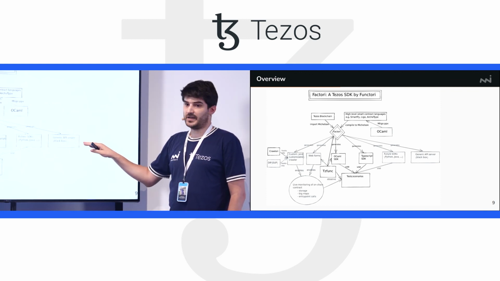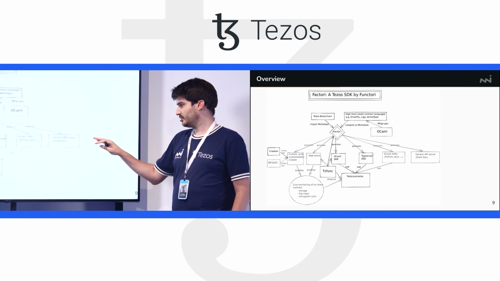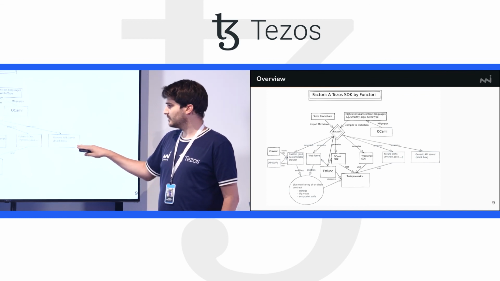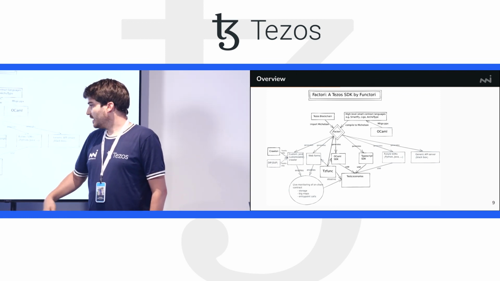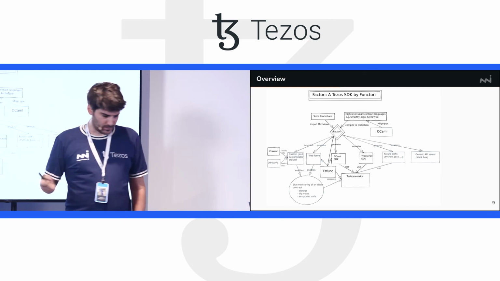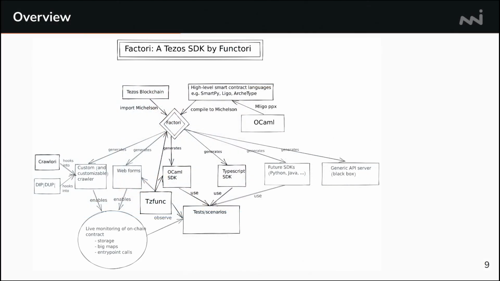Also, it generates an API to interact with the contract right out of the box. So this is still a work in progress. It also generates a custom and customizable crawler. So this is fresh news. We have our own crawler. A crawler is like an indexer. John before talked about an indexer.